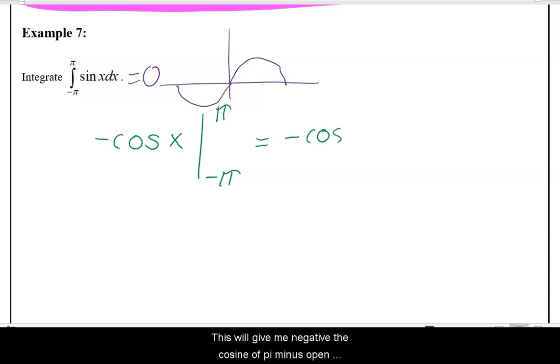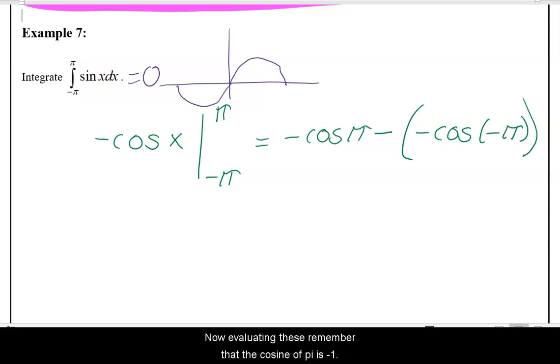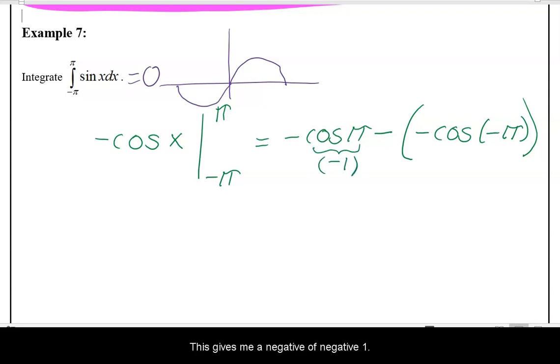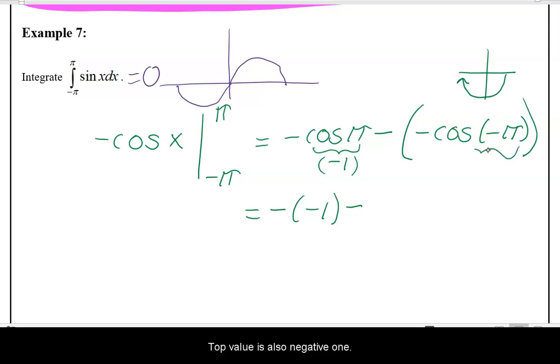This will give me negative the cosine of pi minus, open parentheses for the lower limit substitution, of negative cosine of negative pi. Now evaluating these, remember that the cosine of pi is negative 1. This gives me a negative of negative 1. Over here, remember that negative pi means that on the unit circle you went backwards, which is clockwise. That value is also negative 1.